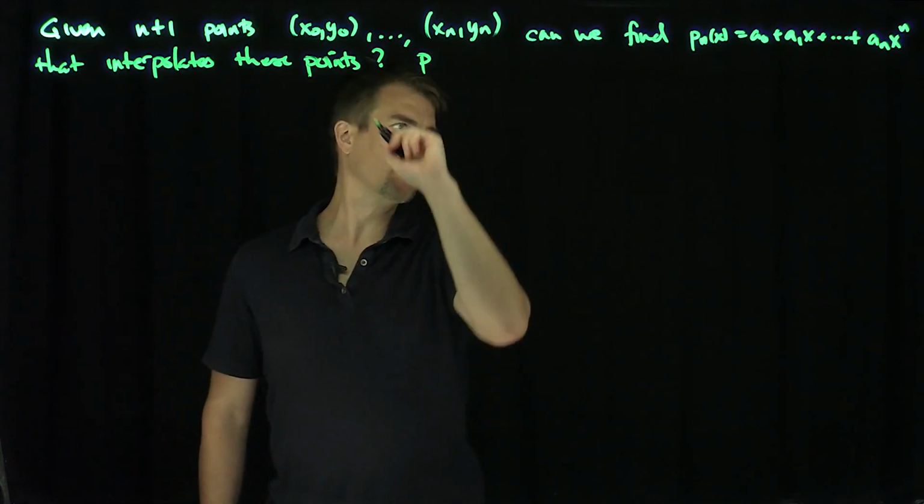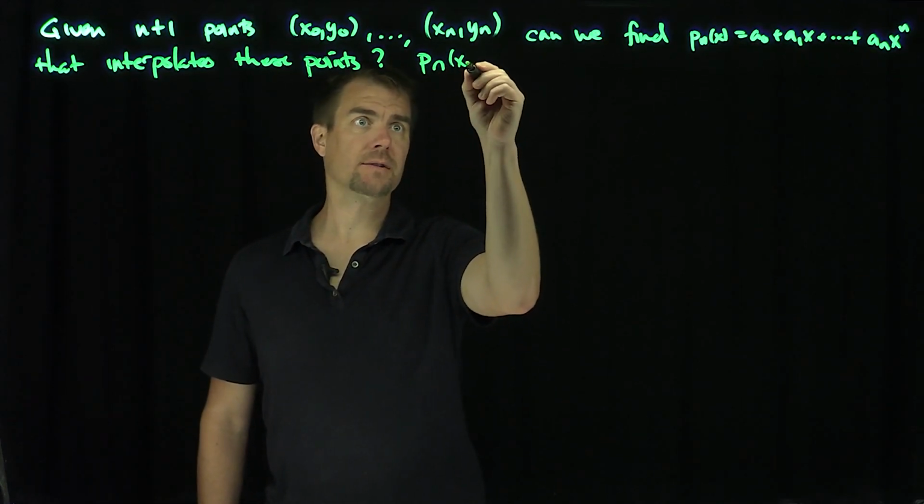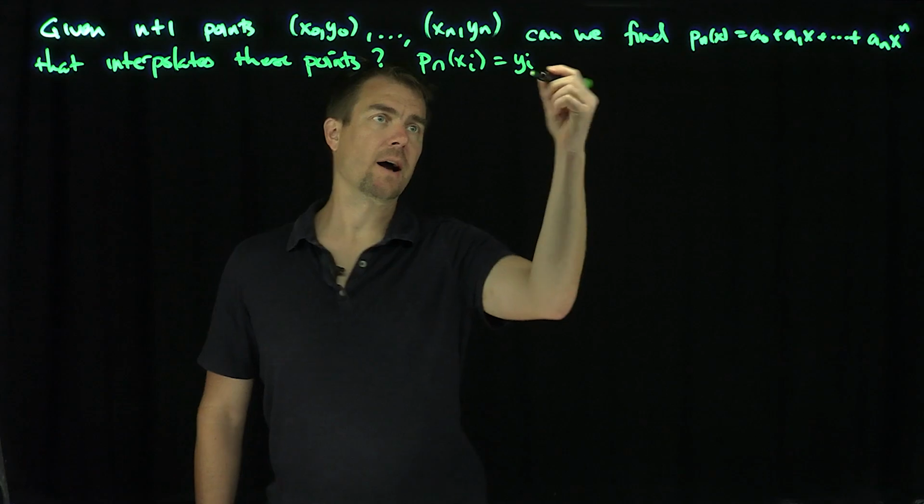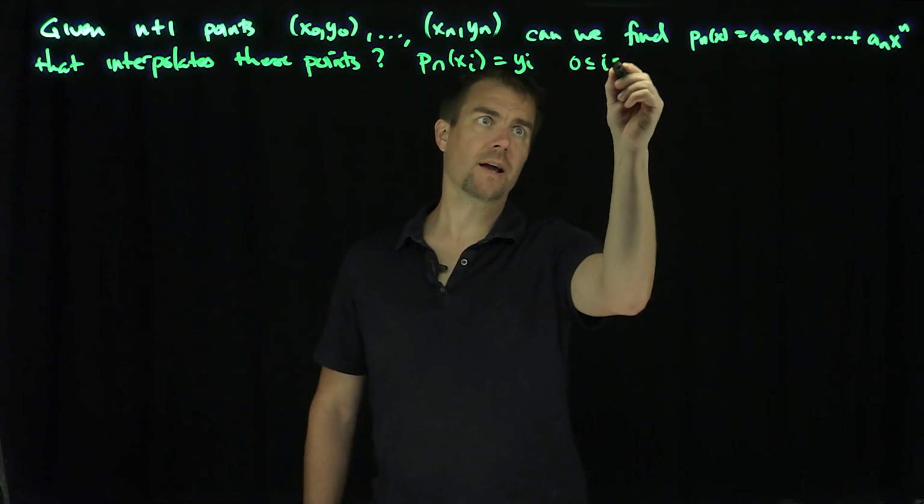In other words, I want pn(xi) to be equal to yi for i between 0 and n.